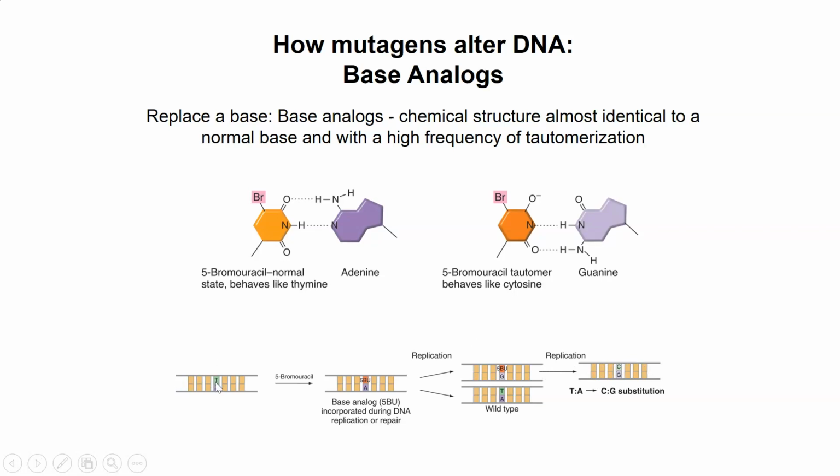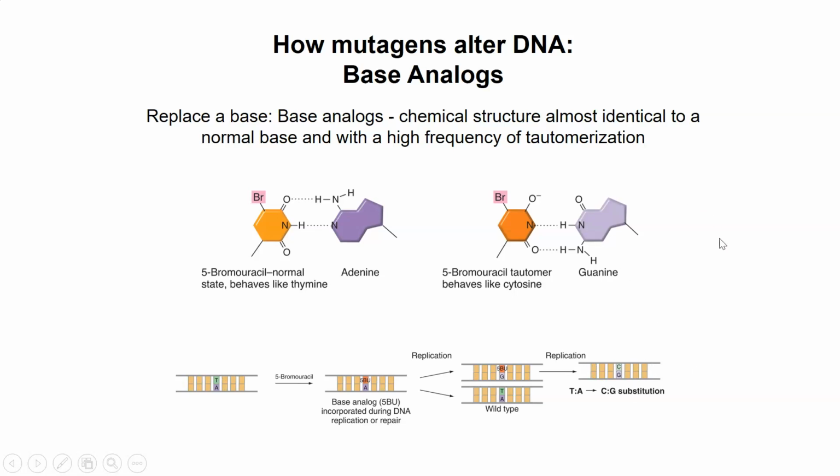So starting out with a TA pair, if the A is replicated and 5-bromouracil is incorporated opposite it, and the 5-bromouracil undergoes a tautomer shift, in the next round of replication, DNA polymerase puts a G opposite because the tautomer version of 5-bromouracil resembles C. Then, in the next round of replication, this G-containing strand will direct DNA polymerase to incorporate a C. You've gone from TA to CG.